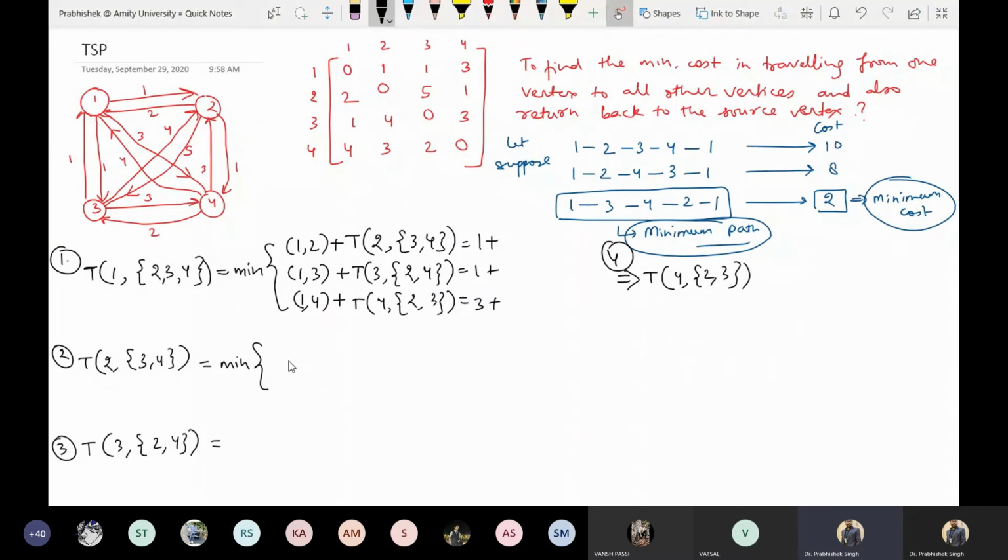What to do now? We are standing at 2. You have two options from 2. You can go 2 to 3, or you can go 2 to 4. Let's suppose you have taken the path 2 to 3. Now you are standing at 3.